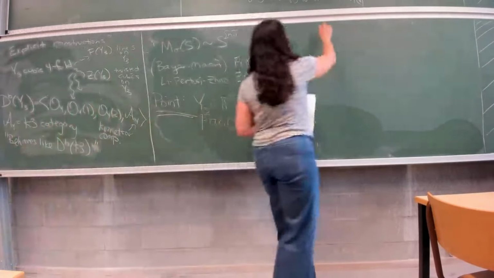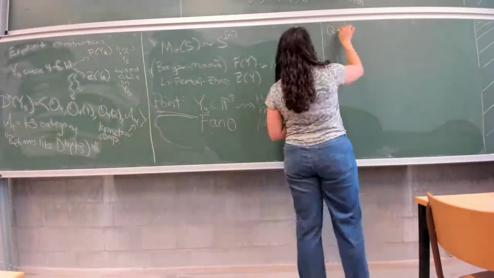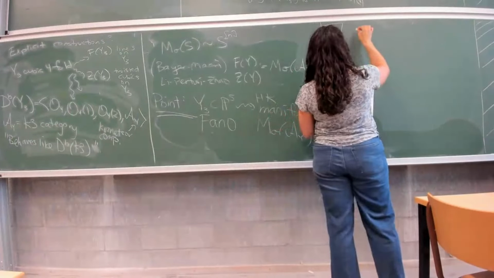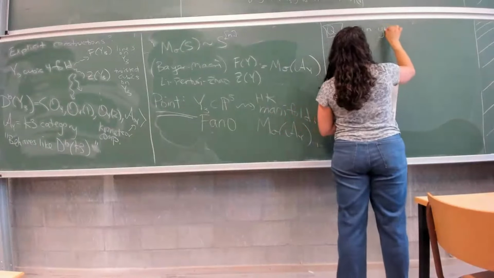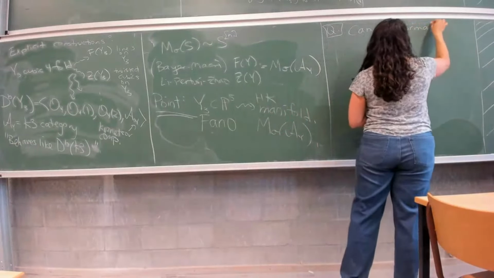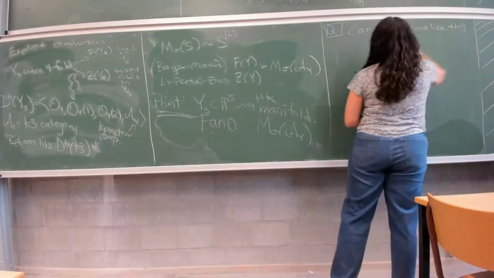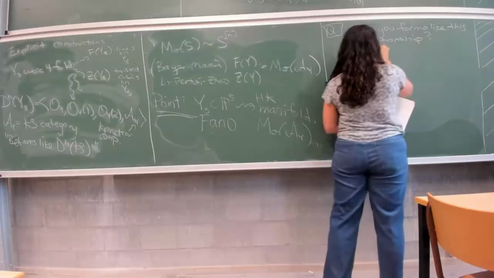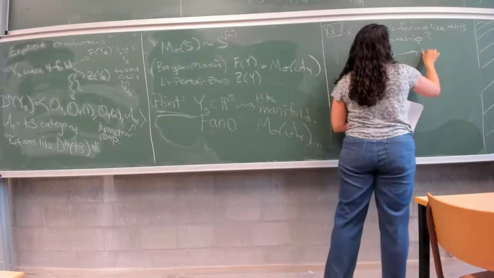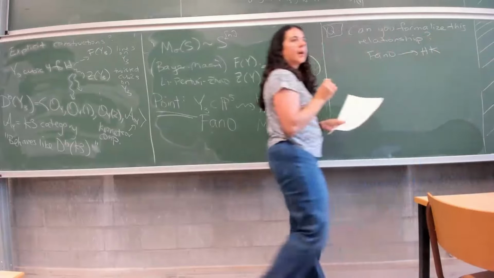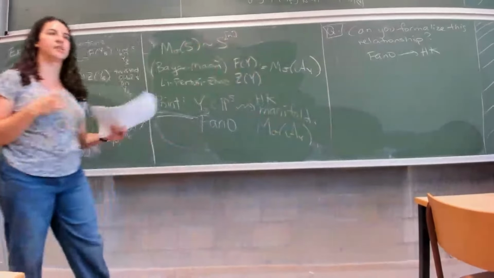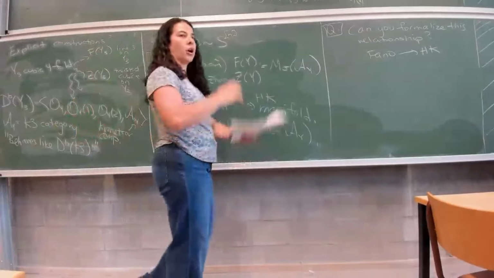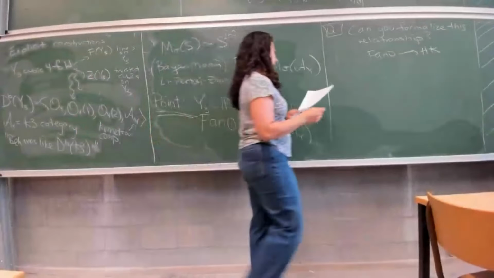And so the real question motivating the talk today is: can you formalize this relationship between the Fano and hyperkähler in some kind of more general setting? Not just for explicit examples, but for some larger class.